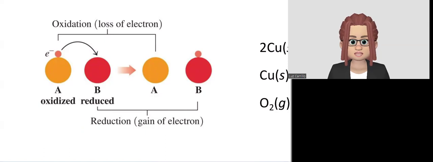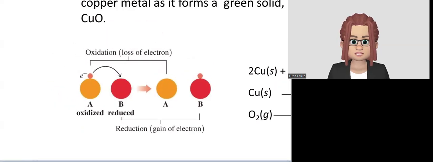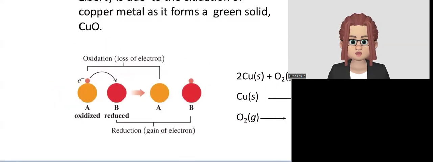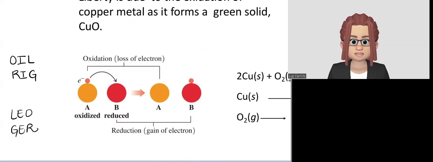You can remember it by the definition, but there are two acronyms that are typically utilized in order for students to easily remember this. We have OIL RIG, or LEO GER. They are showing the same thing.